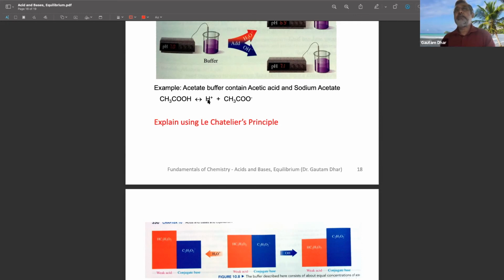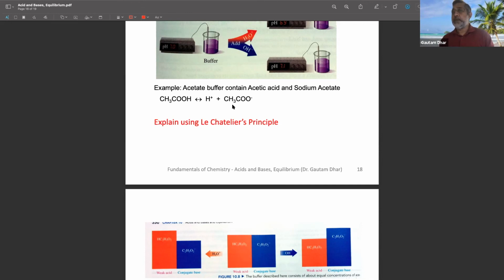If I add H plus, if I add a product, what happens? The reaction will move in the opposite direction, right? In the reverse direction. That means H plus will combine with CH3COO minus to give back CH3COOH. That means your H plus is getting removed because of the buffer. So it has to have the salt, CH3COO minus, in order to be able to do that. And you can explain that using Le Chatelier's principle.